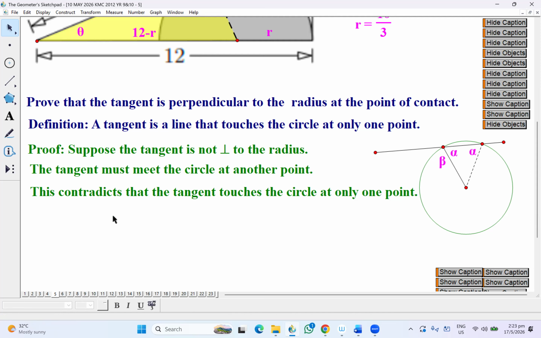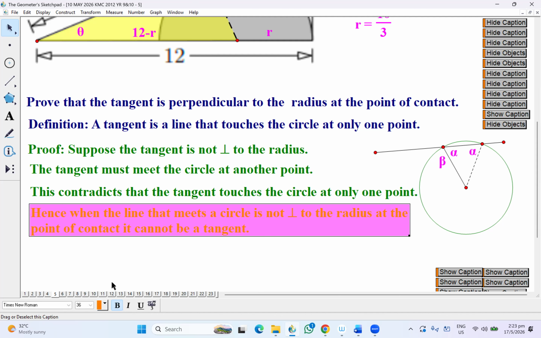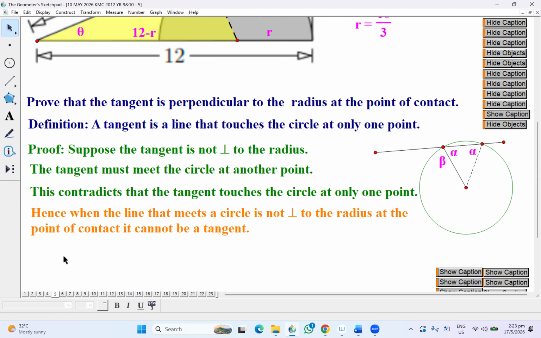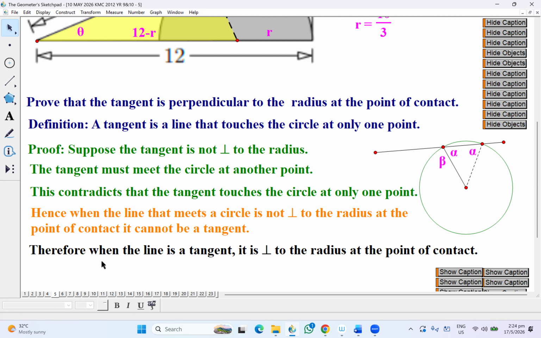So it contradicts the fact that it's only one point. Hence, when the line that meets a circle is not perpendicular to the radius at the point of contact, it cannot be a tangent because it has to cut the circle at another point. Therefore, when the line is a tangent, it is perpendicular to the radius.